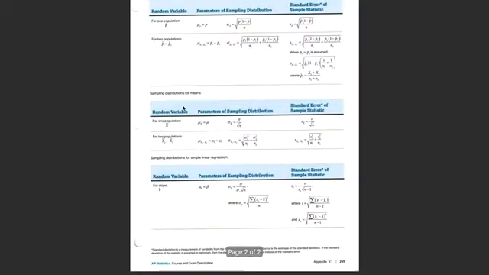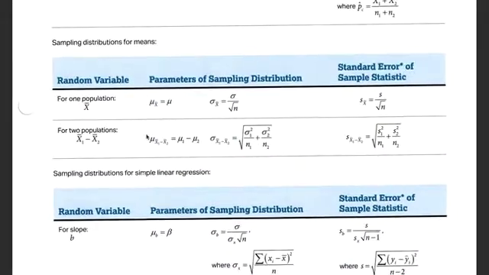On the second page then, for a random variable involving sample proportions, here are the formulas for sample means. I'm interested in a sample mean. So here's my sample mean, and here's really what I'm interested in. The parameters, this is the mean of the sampling distribution of the sample mean.